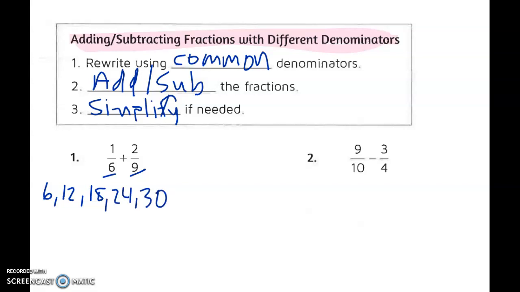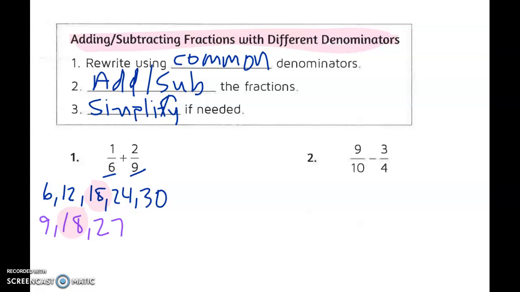We'll just stop right there. For 9, you have 9, 18, 27, and I can actually stop because I've already found one. 18 right here. So that's going to be your least common denominator.